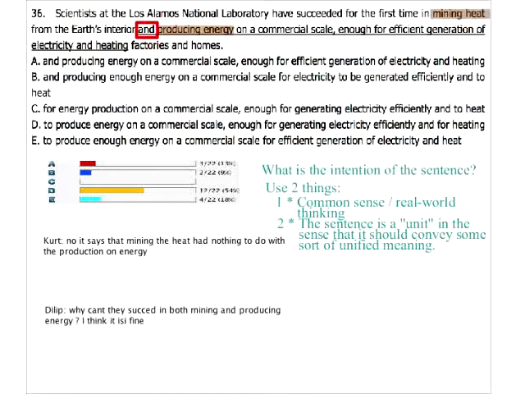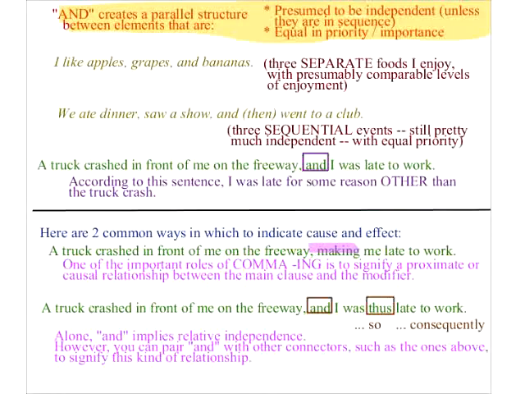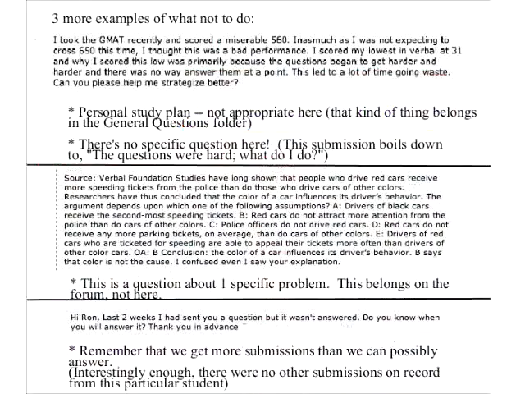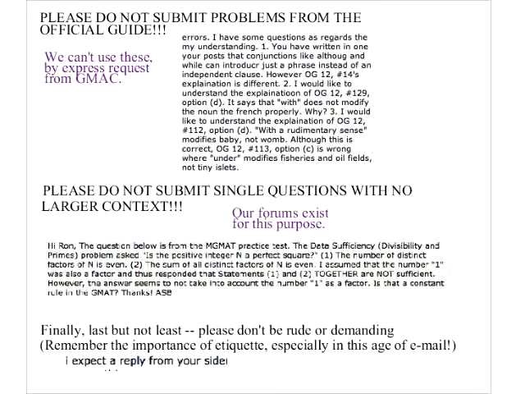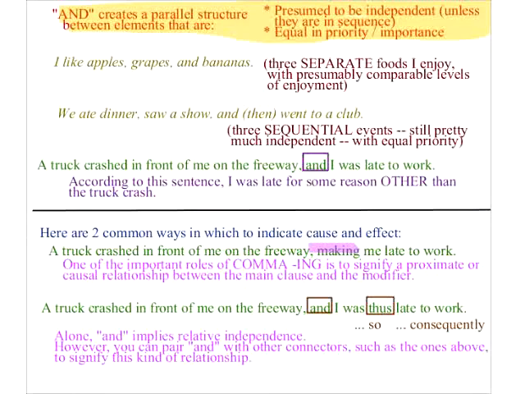It's like if somebody wrote to you in an email, a truck crashed in front of me on the freeway and I was late to work. The meaning of the word "and" would imply that these were independent, but you would definitely say, clearly that's not what the person means.